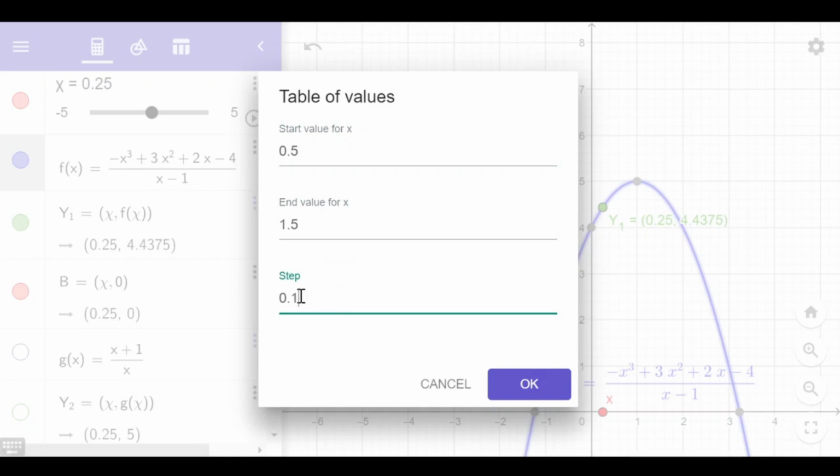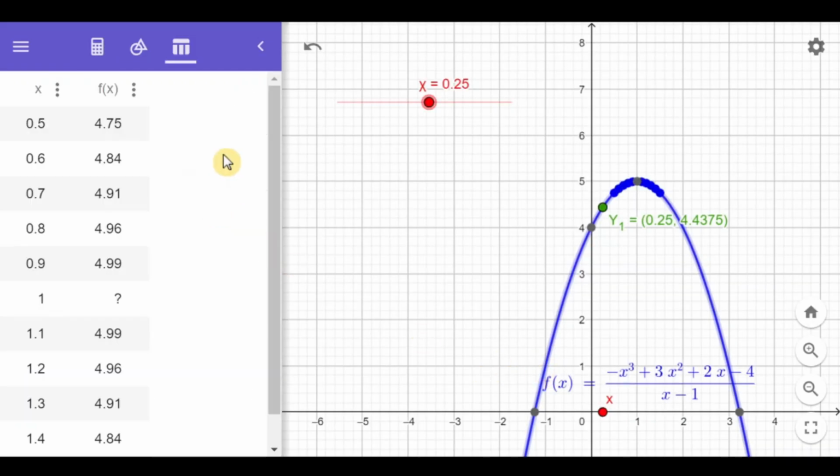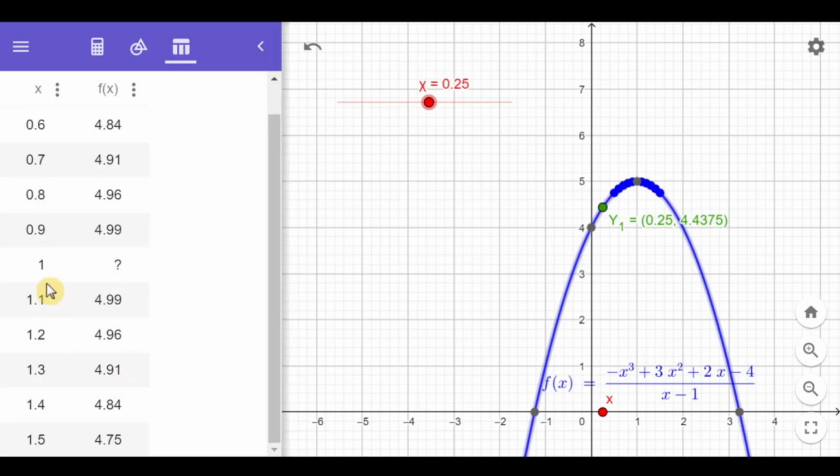This means na ang i-table niya ay 0.50, 0.51, 0.52, 0.53, and so on, so forth. 0.1. Okay, ayan. Hindi pala 0.5, 0.6, 0.7. Tapos, from the right of 1, 1.1, 1.2, 1.3.